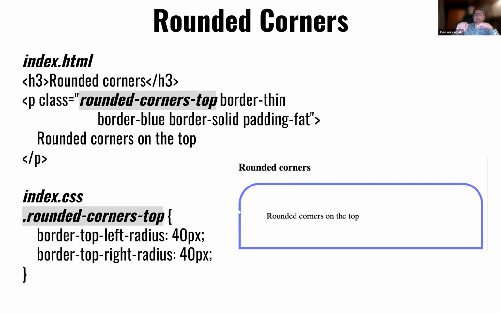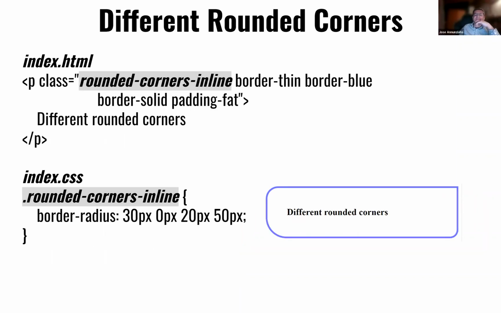You can specify the top left corner, the top right corner, the bottom right corner, or all the corners, and just specify that you want a radius, the distance of how much you want the radius from that corner. The bigger the radius, the more circular your corner will be. If you make it really, really big, you can make a circle out of this whole thing, or half a circle, or all around a circle.